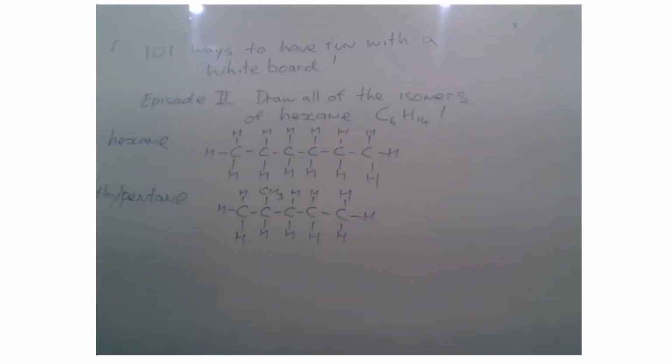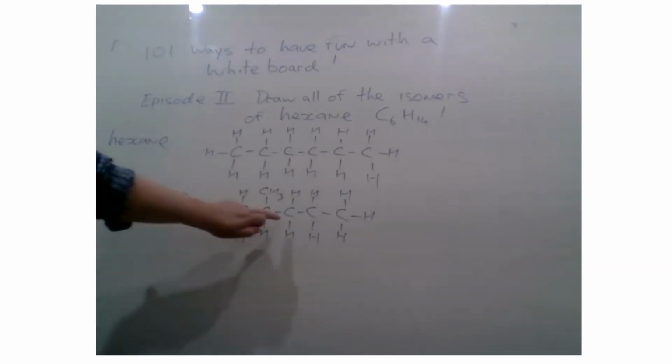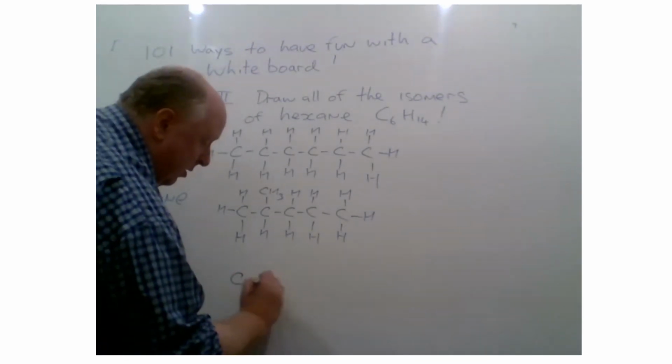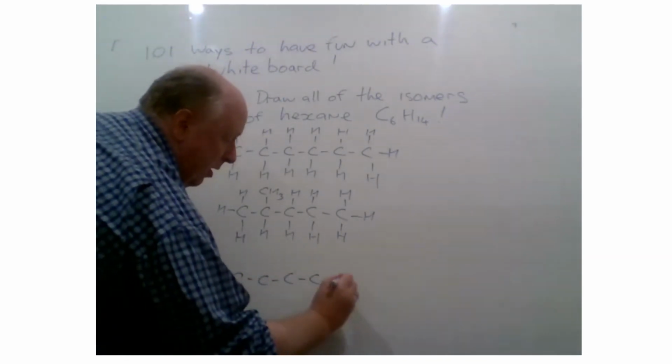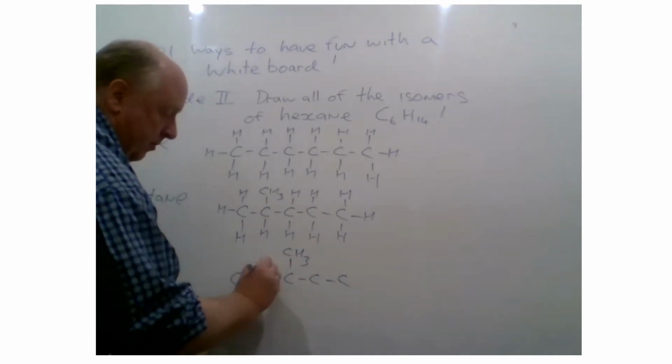Okay, next isomer. So let's move this methyl group to the next carbon, carbon number 3. So 1, 2, 3, 4, 5. Put this under carbon number 3.